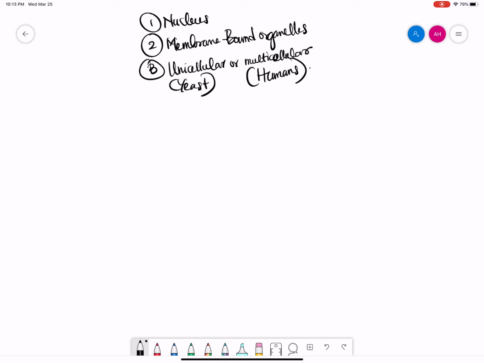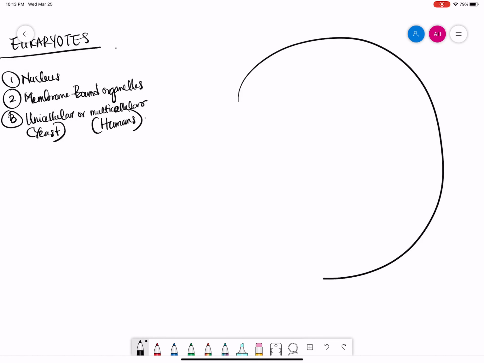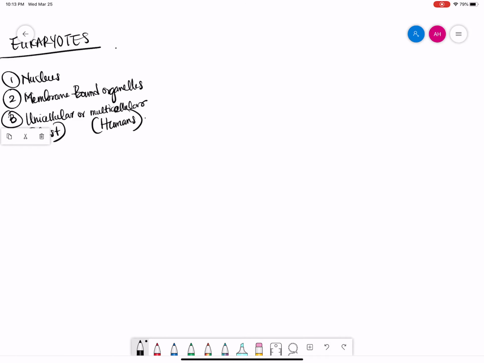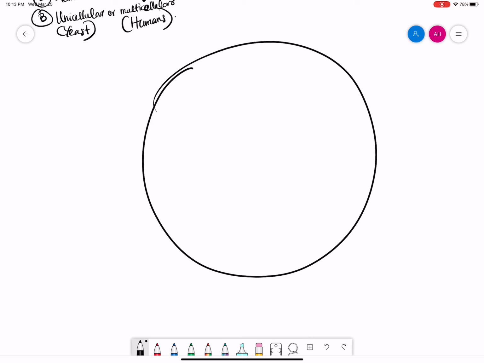Okay. So let's go to the structure of a eukaryotic cell. Just like prokaryotic cells, eukaryotic cells have a plasma membrane or a cell membrane, which is responsible for keeping the inside from the outside.